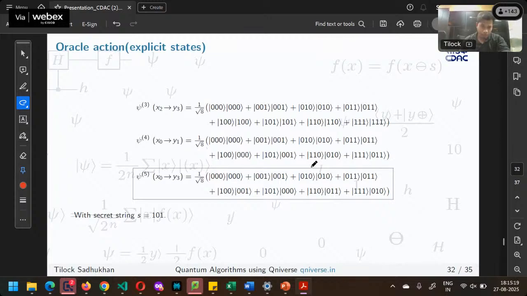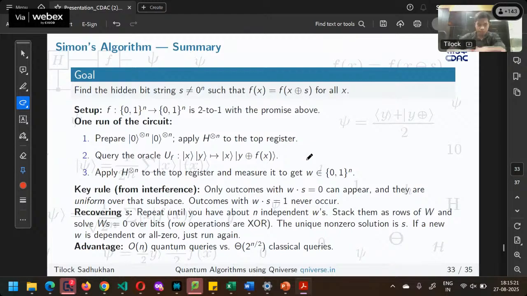So if we sum up what Simon's algorithm is: our main agenda was to find the hidden bit string. We started off with a promise that our function has to be a two-to-one function, and it has to satisfy the property f(x) = f(x XOR s) for all the possible inputs x.